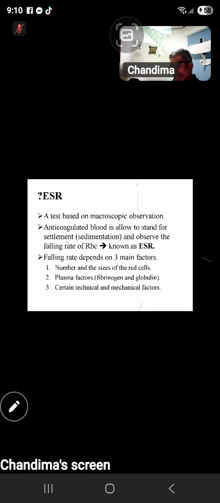Due to the presence of abnormal plasma protein, the red cell negative charge is going to be diminished. Due to that, the red cell mass is going to be higher due to the piling up of red cells or the formation of rouleaux, and the falling rate is going to be increased.